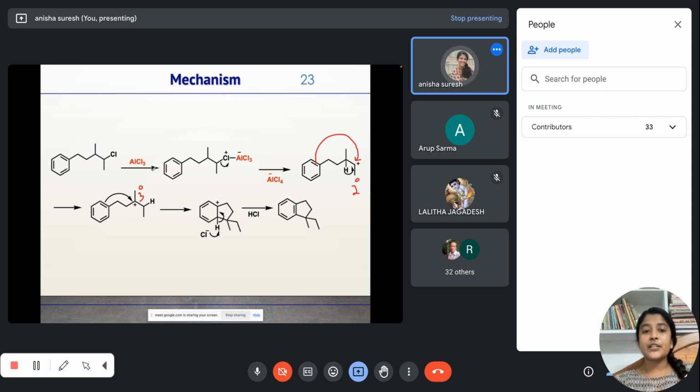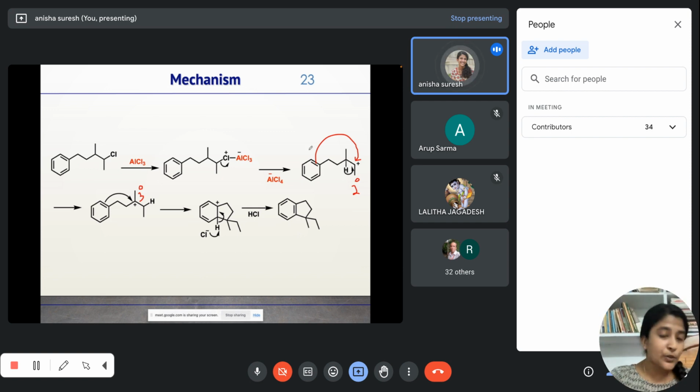So the formation of tertiary carbocation will be more favored. Now the double bond will go and attack over this carbocation. It will result in the formation of this intermediate, and Cl minus which will be present in the system can abstract this hydrogen and lead to regeneration of the aromaticity. So the major product will be option C.